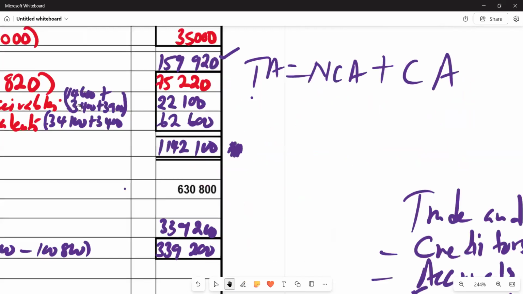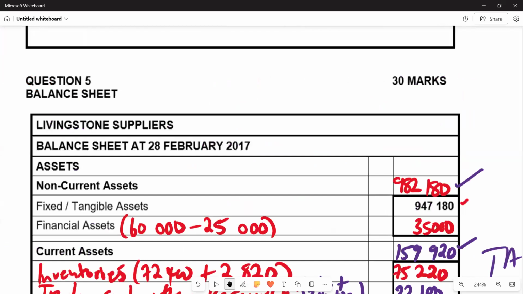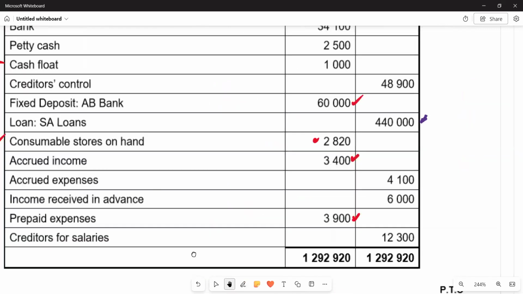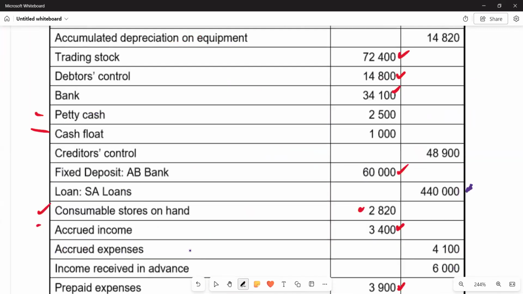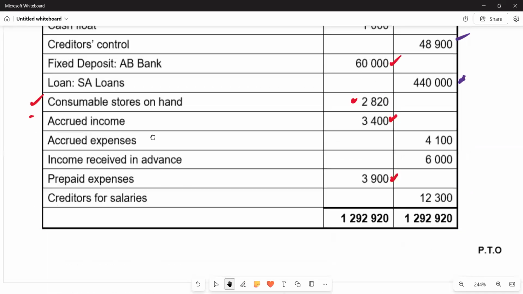So we go to the question. We know that the creditors control we are given here, 48,900. So that's one of them. Then you go to look for accrued expenses. We have it here, 4,100. Then income received in advance, we have it here, 6,000. Also, we have creditors for salaries.